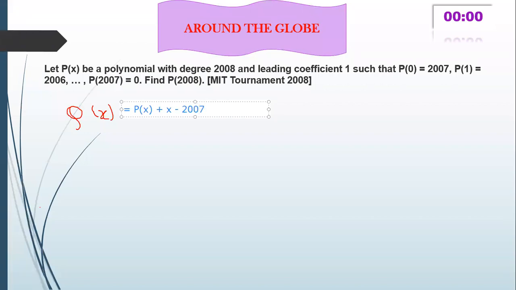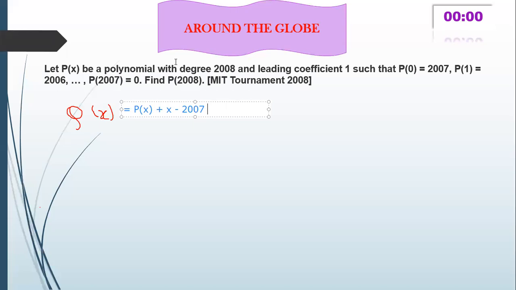Why have I taken this type of function? Because if you put 0 in place of x, everyone please put 0 in place of x, and you will find a magic here. If you put 0 in place of x, then p of 0 is 2007 and 2007 minus 2007 is 0.